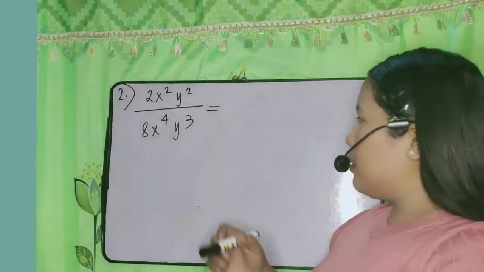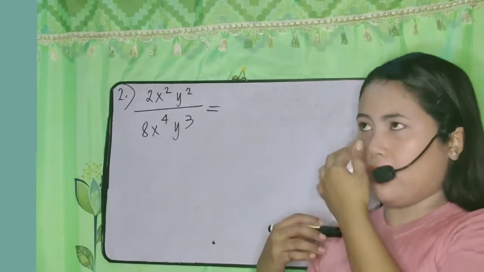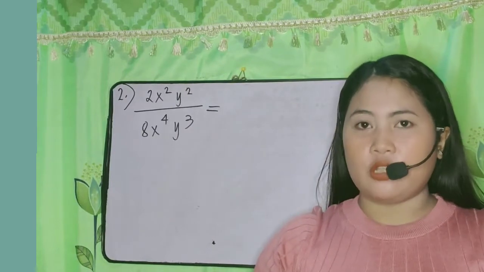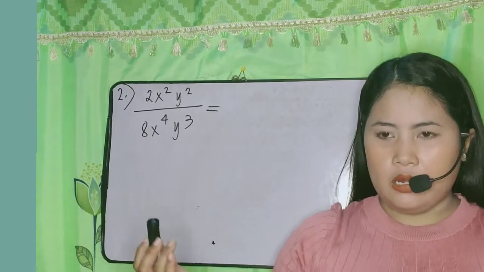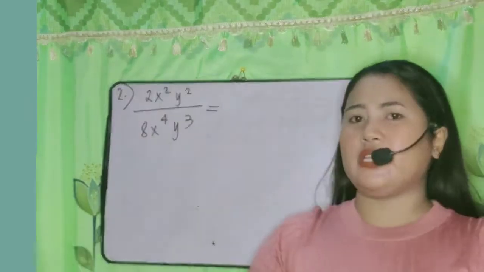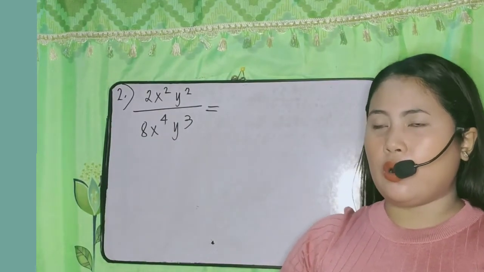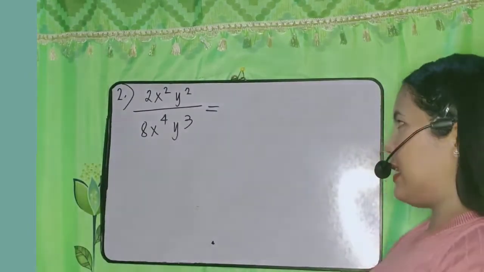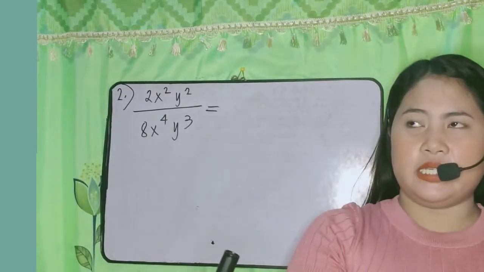In dividing or finding the quotient of exponents, we apply the laws of exponents. If you still remember the laws, we apply them here. In dividing exponents, we subtract the exponents.